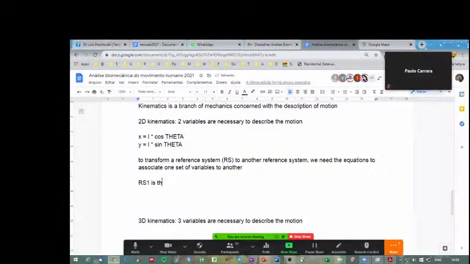And then we have generalized coordinates that we are used to call i, j, and k.